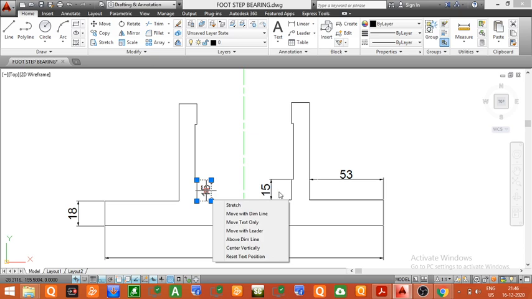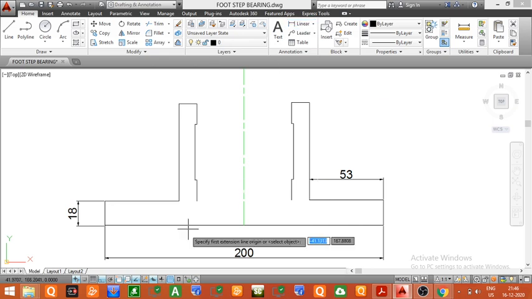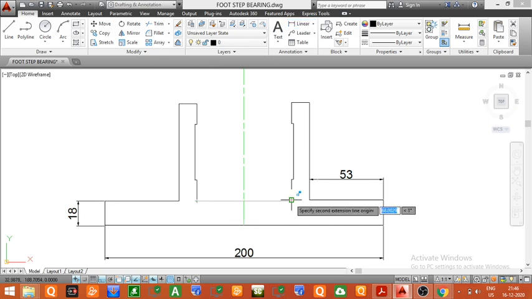Now I am deleting this dimension. We will give it later on. After completing this diagram, finally we have to draw a straight horizontal line passing through these two endpoints. We will draw a horizontal line from this point to this point, a straight horizontal line.